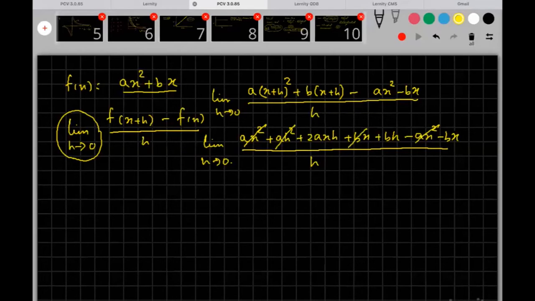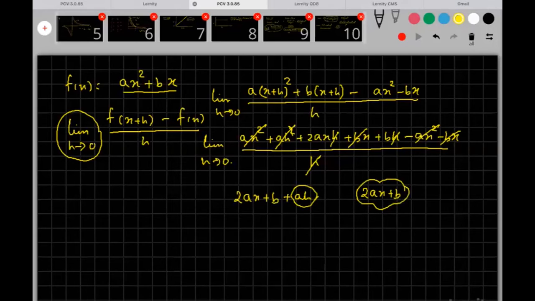Then here plus bx minus bx gets cancelled. So this h, this h, this h and this h get cancelled. So I'll finally get how much? 2ax plus b plus ah. But h is tending to 0. If h is tending to 0, this will become 0. So I'll finally get 2ax plus b.